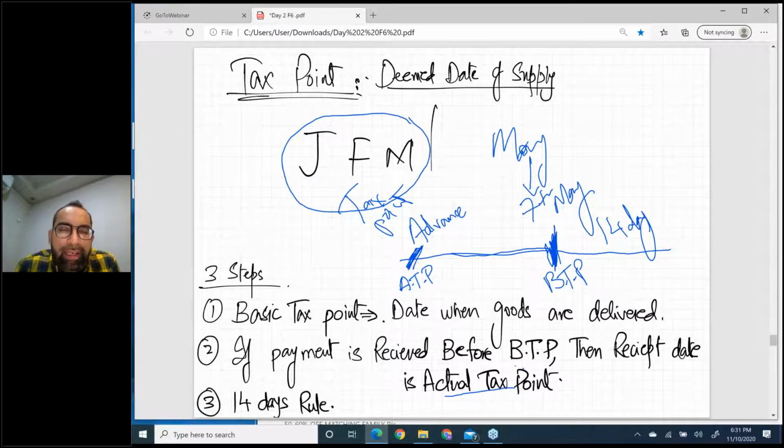Third step, again you come to basic tax point and you check whether you have issued the invoice within 14 days of BTP. If yes, then invoice issuing date will be your actual tax point. If no, means you are issuing invoice late, you are trying to be very smart, so tax department says don't be very smart, and then your BTP will be your ATP.